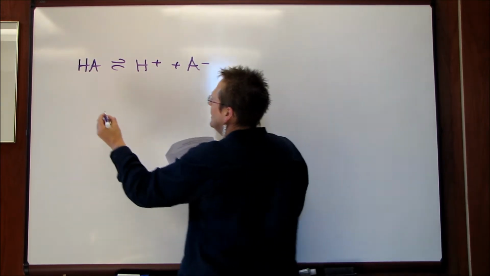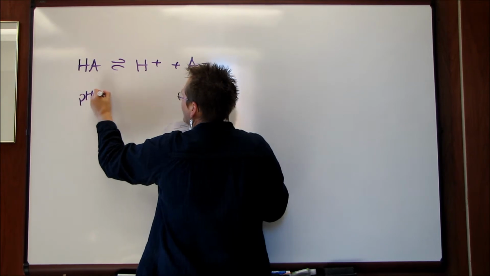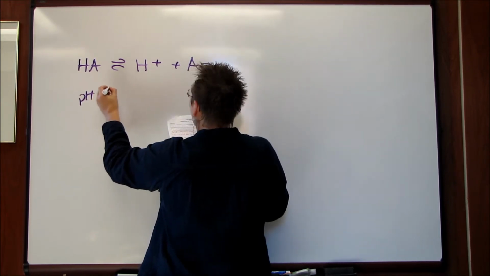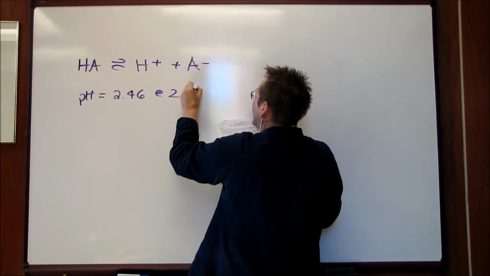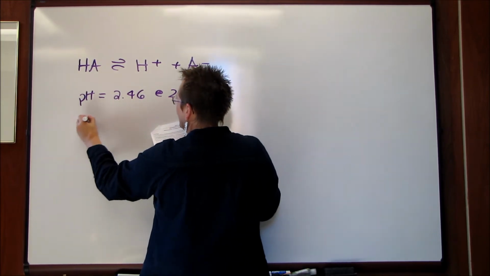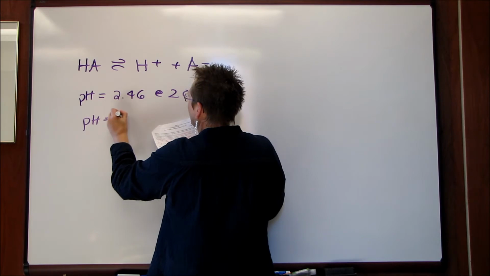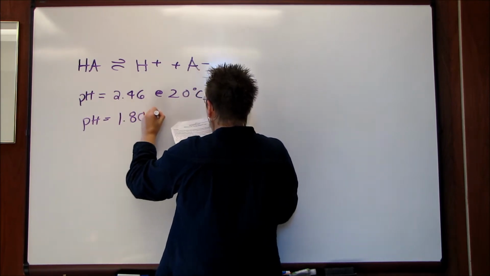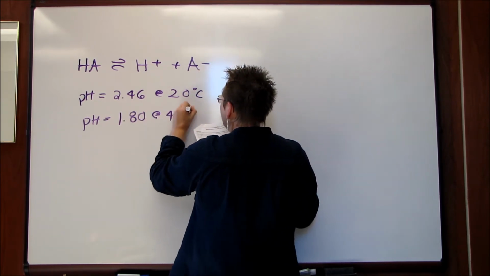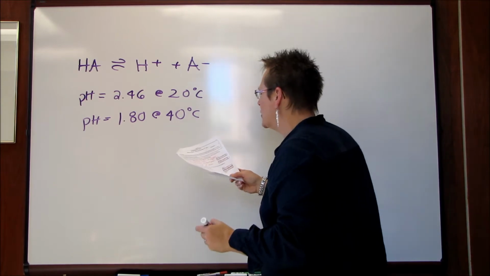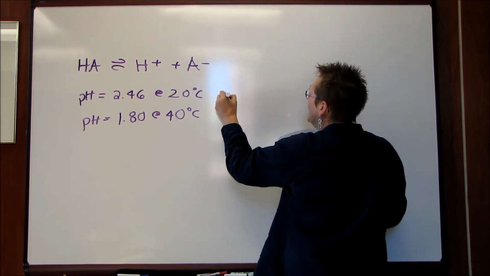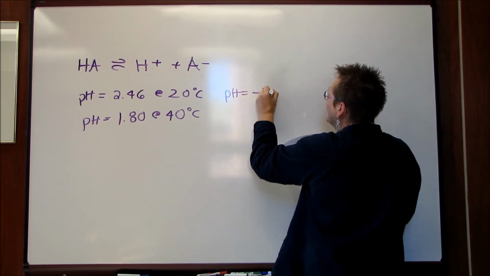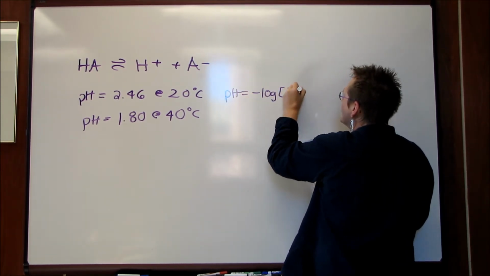I'm telling you that the pH is equal to 2.46 at 20 degrees, and that the pH is equal to 1.80 at 40 degrees. So, from these pHs, we can calculate hydrogen ion concentrations because we know that the pH is equal to the negative log of the hydrogen ion concentration.